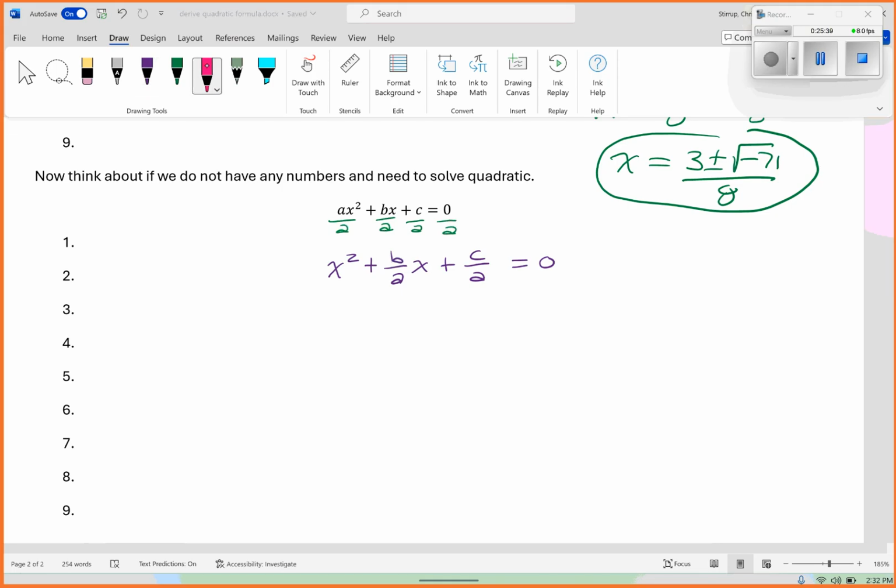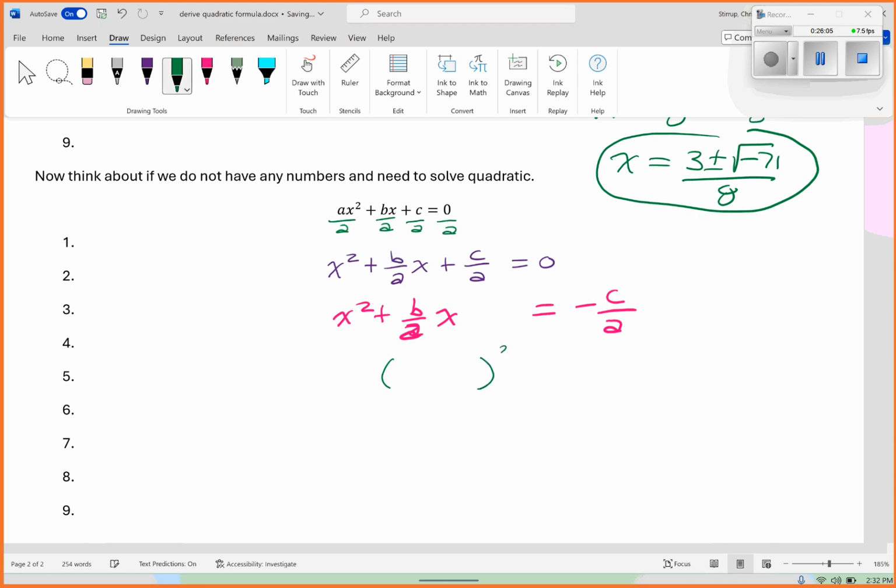Now, the a, b, and c represent numbers from the other side, right? A is in front of x squared, b is in front of x, c is the number that doesn't have an x. All right. I am going to move and leave a space. Did I just subtract c over a from both sides?